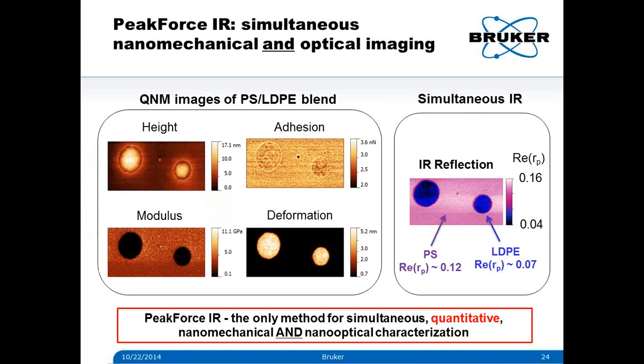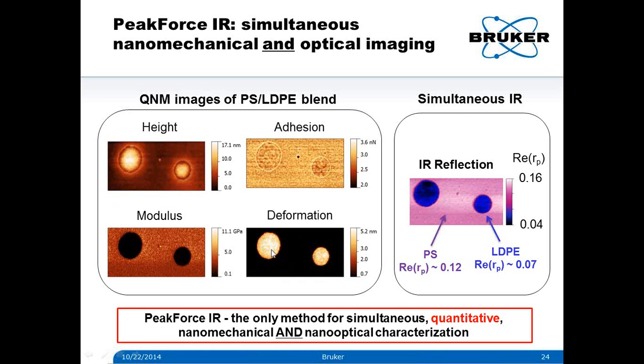On the next slide, I want to combine PeakForce QNM with simultaneous infrared nanochemical mapping in a PS low-density polyethylene polymer blend. And what you see is the normal height channel, but also adhesion and modulus, deformation channels. And from that, you already know that some of these materials are harder than others.